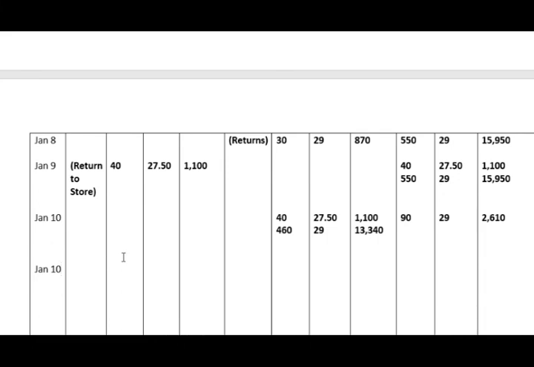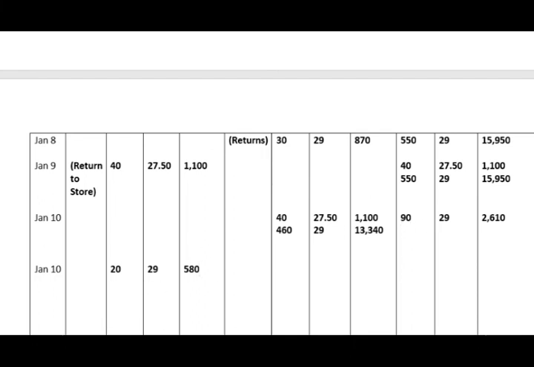On Jan 10, the adjustment is, we'll take the 20 units. Since no price is mentioned, we have to take the prevailing price. Okay, it is 29 already here. So we have to write 29, and it amounts to 580, and the balance, as you know, the prices are same.